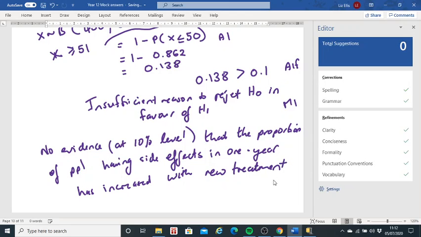There's my context statement, which gives us another A1F. All right, worth learning how to do those.